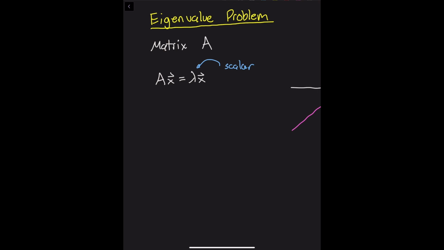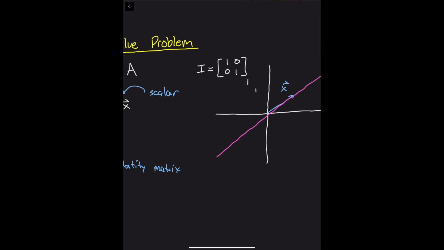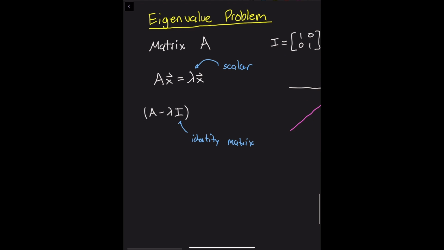So what we can do is subtract the lambda x from both sides, and this becomes A minus lambda I. This is the identity matrix, if you guys remember, where I is [1, 0; 0, 1], and if it was more than 2 dimensions, the ones would just keep going down like that. Okay. So we have this times x is equal to the 0 vector.